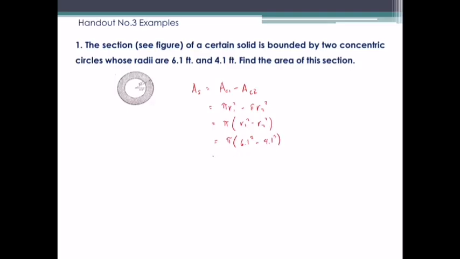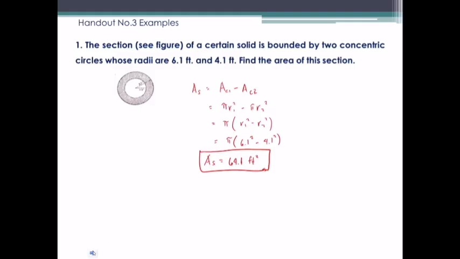So the area of the section is equal to 64.1. Since this is in feet, that is square feet. Please use the correct unit as well. For areas, that is in square units, and the unit used is feet, so that is square feet.